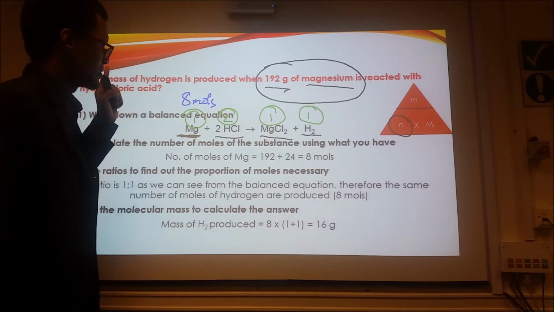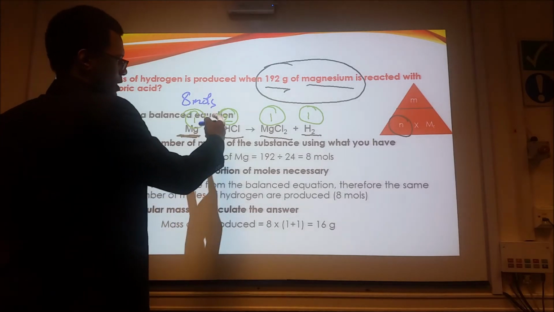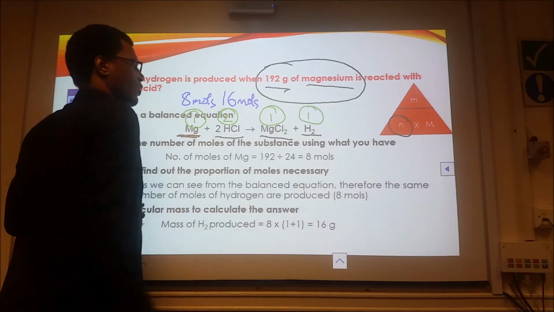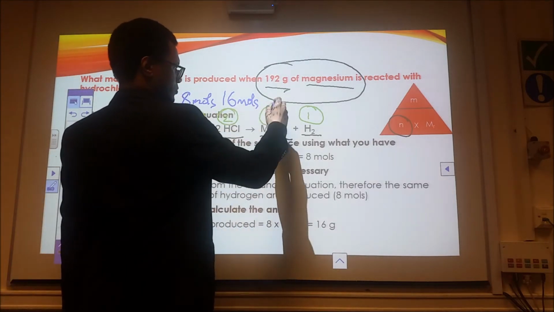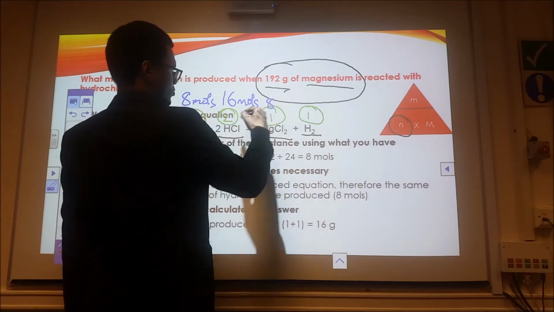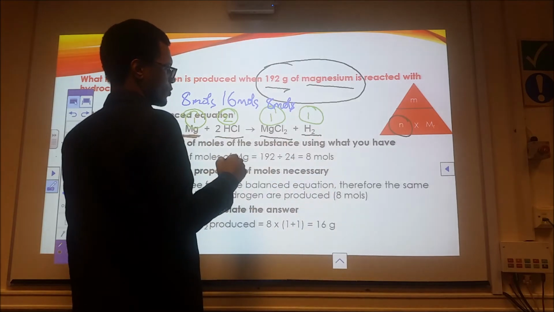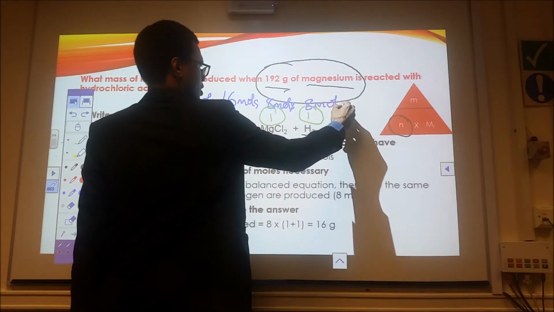So, if we're reacting 8 moles of magnesium, we must react it with twice as many, which would be 16 moles, which would give us 1 mole of magnesium chloride, which would be 8 moles, and 1 mole of hydrogen, 8 moles.